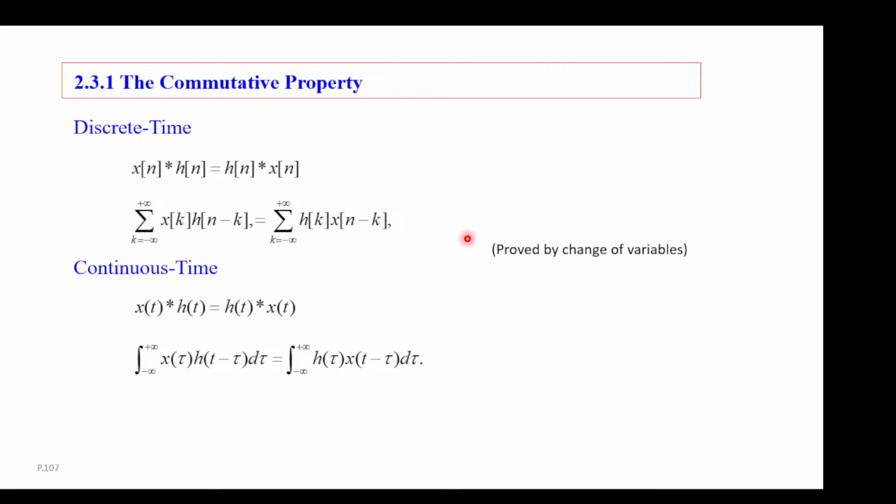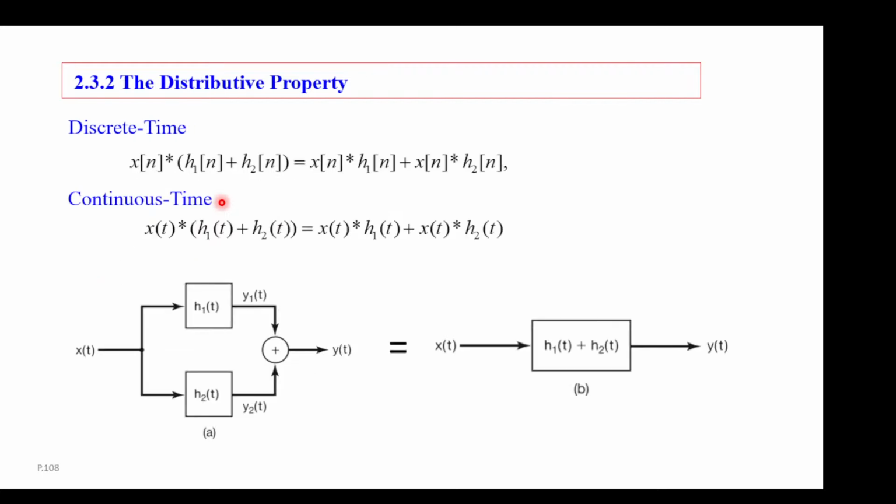Okay. So the first property is commutative, and the second property is that convolution is distributive. That means x convolved with the sum of h1 and h2 equals x convolved with h1 plus x convolved with h2. And similarly, you have the same thing for the continuous time case. From this, you can start to do something interesting.